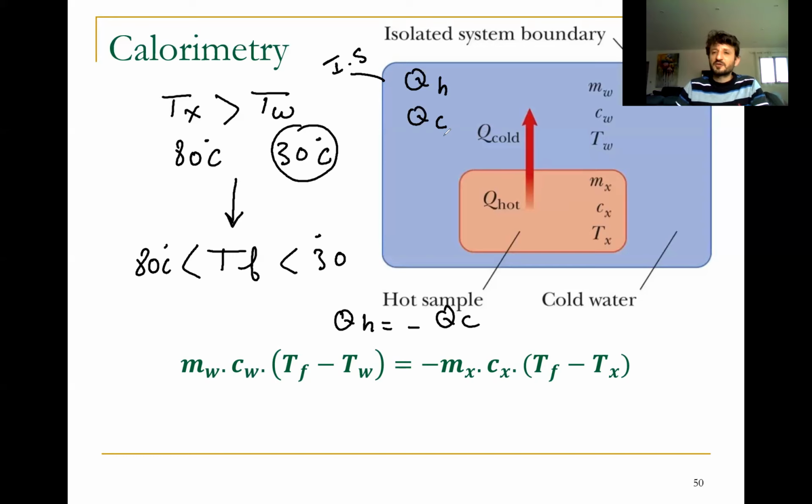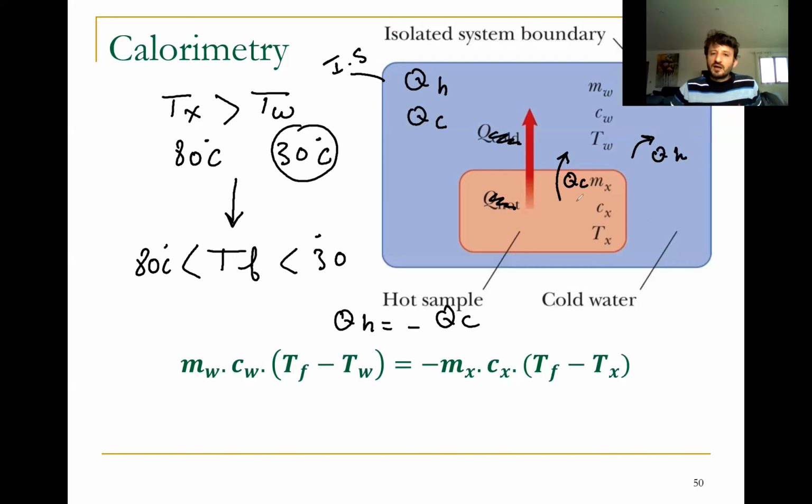It's very important to know which one is Q hot and which one is Q cold. For the object we have Q cold, and for the water we have Q hot.